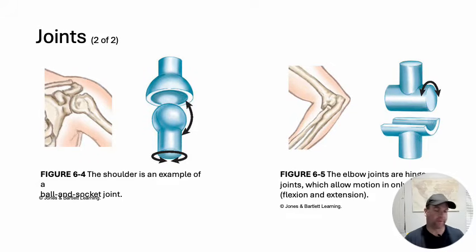In the shoulder, the humeral head articulates with the shallow glenoid fossa of the scapula. This configuration allows for flexion, extension, abduction, adduction, external and internal rotation, and circumduction. Think about how you can rotate your arm in almost every single direction.